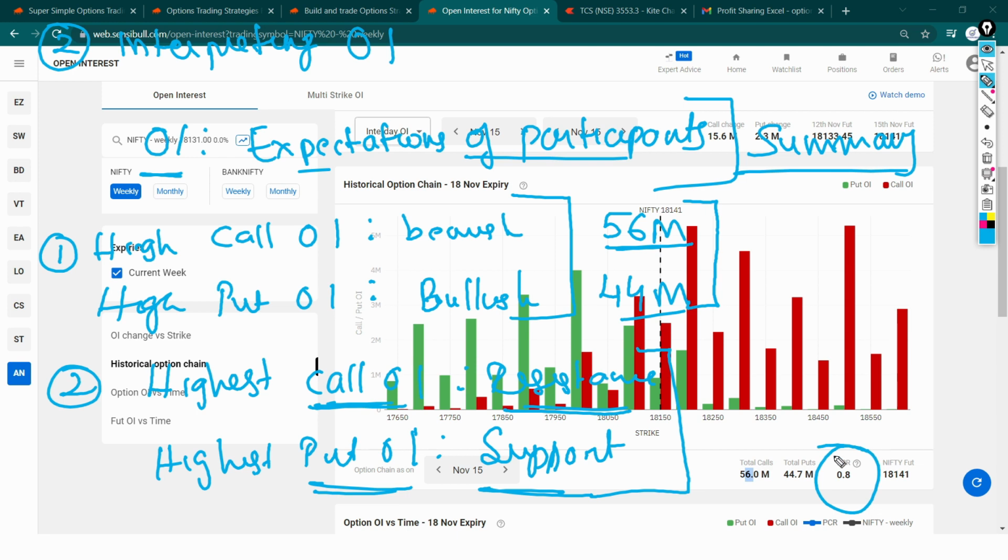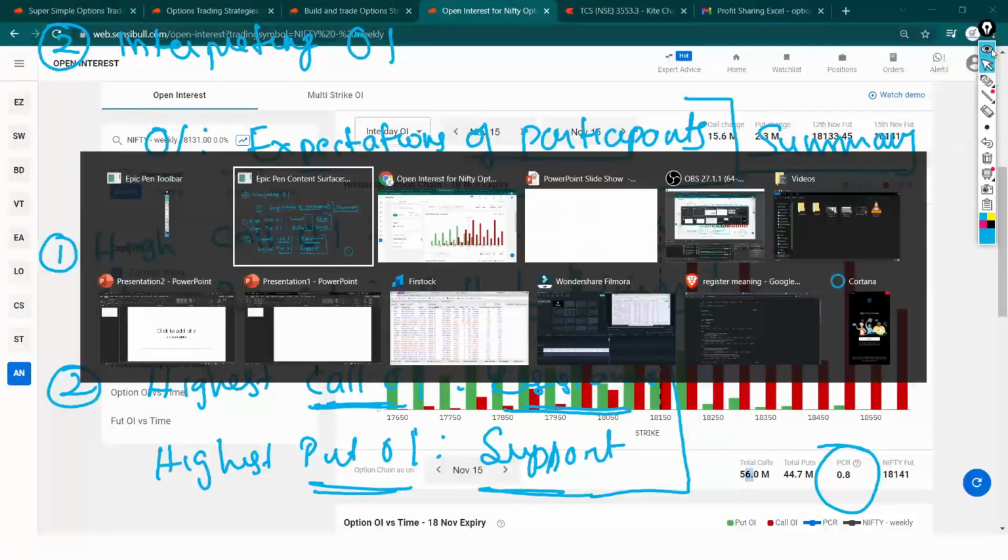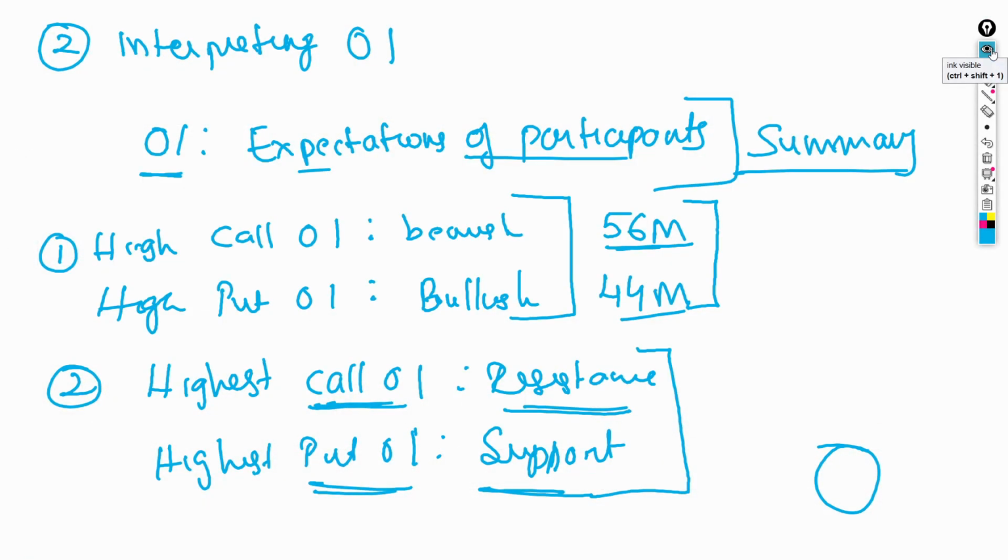You can maybe say the market is bearish if it is something like 0.6 or 0.65. 0.8 is not a significant difference between calls and puts, so you can't really term the market very bearish. Hence, we might face some resistance at the higher end, compared to support at the lower end. So with this, we understood that on the upside we might face some sort of resistance.